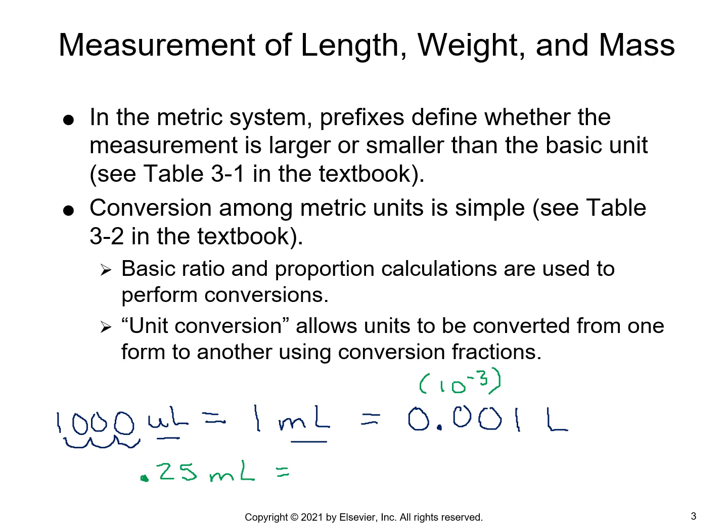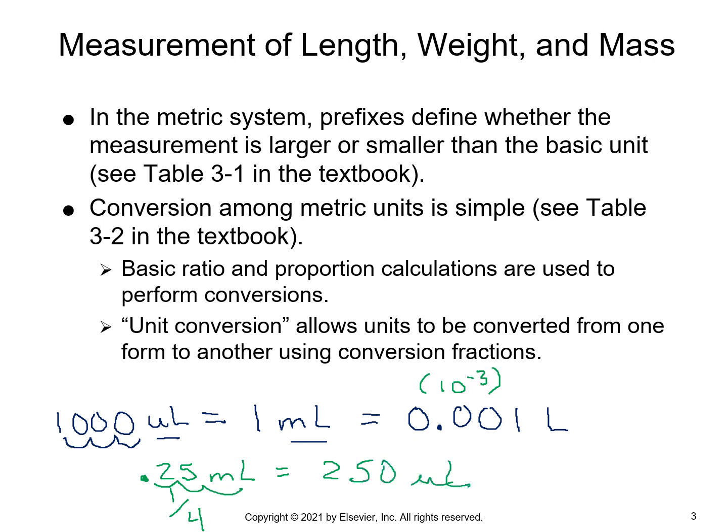Let's say, for example, that your procedure calls for 0.25 mL. We already know that 0.25 mL is basically 1/4 of a full mL, and if we move the decimal 3 places, that gives us 250 microliters.